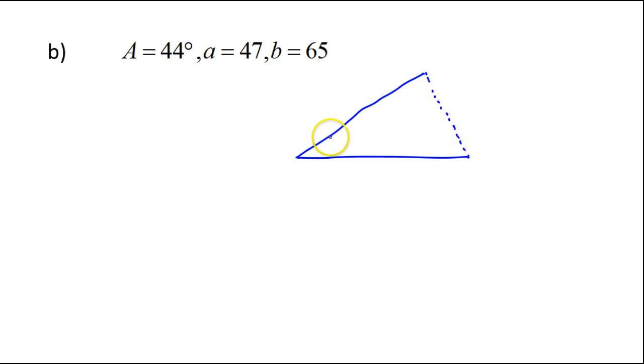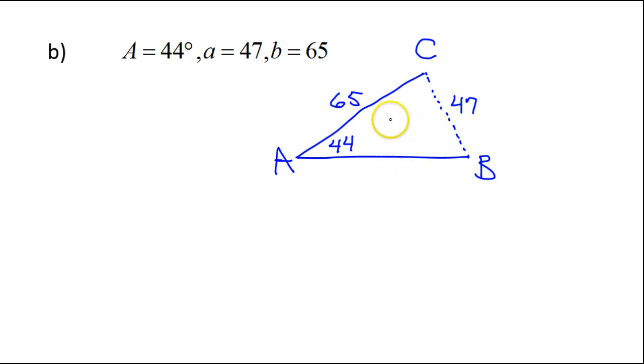I'm going to take my angle and put it in the angle. So that's angle A, which makes this side A, so this will be 47. I will put my other side as the rigid side. If this is side B, then this is angle B, and that means this must be angle C.